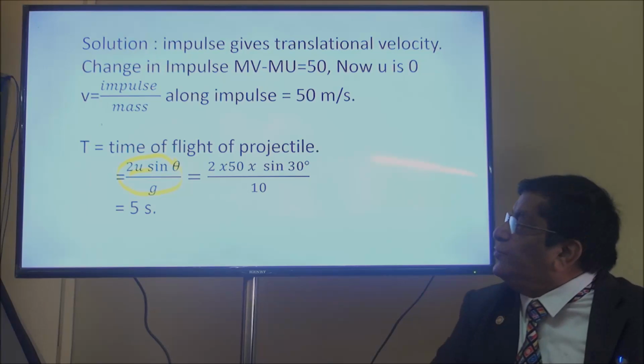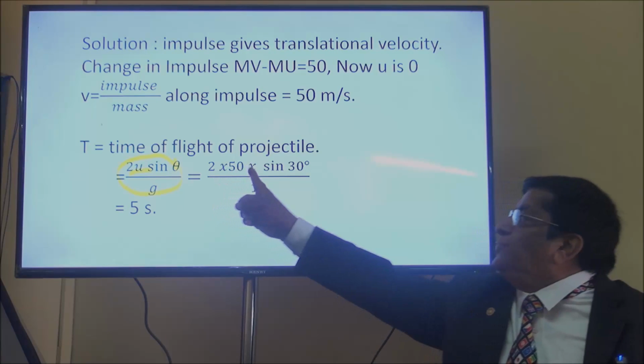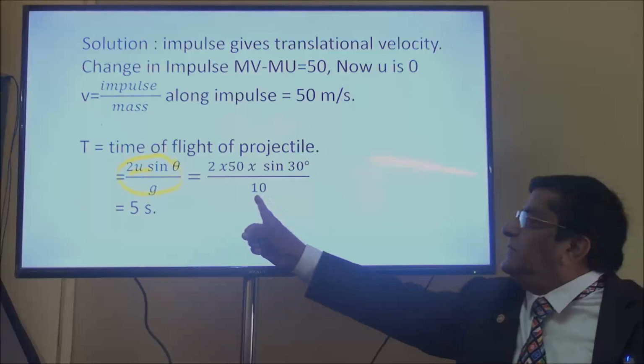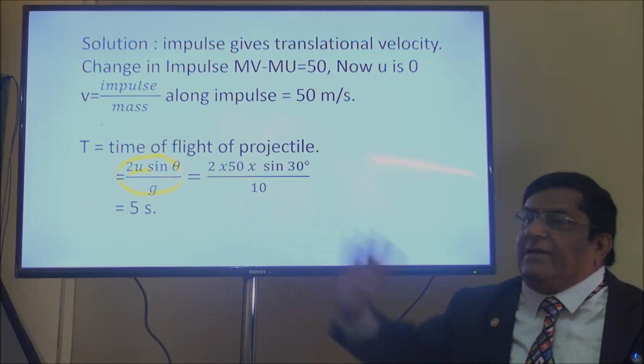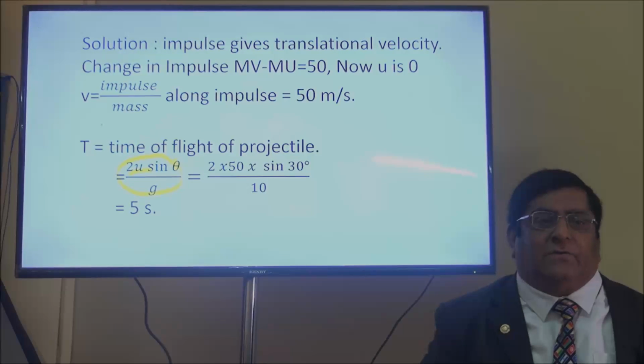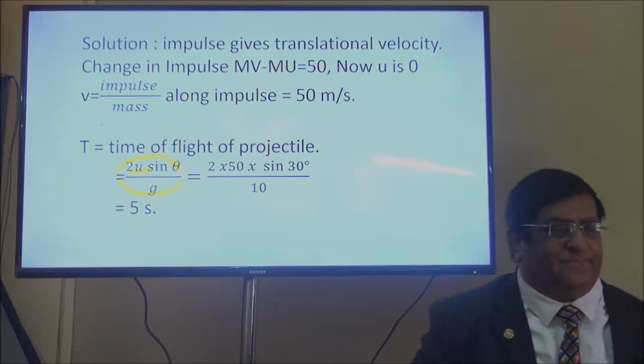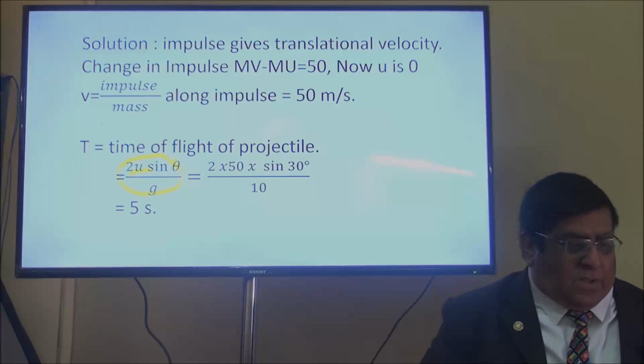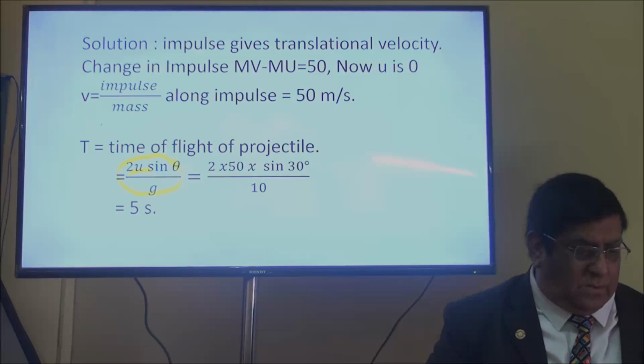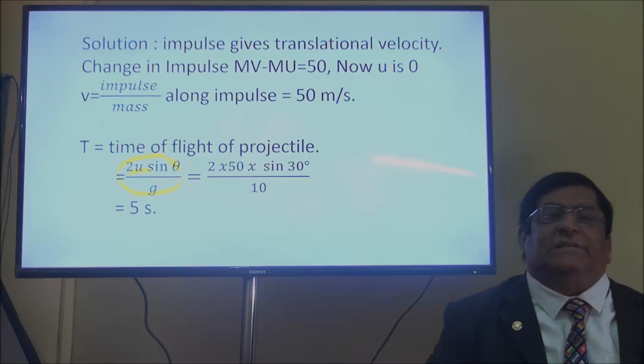So 2u sine theta divided by g gives us the time. How much does that time come to? 5 seconds. Okay, so we got the time of flight. It is 5 seconds. Right? So this is the time.